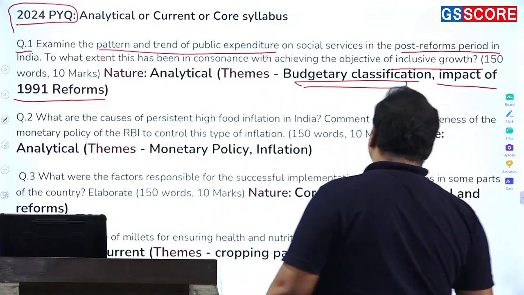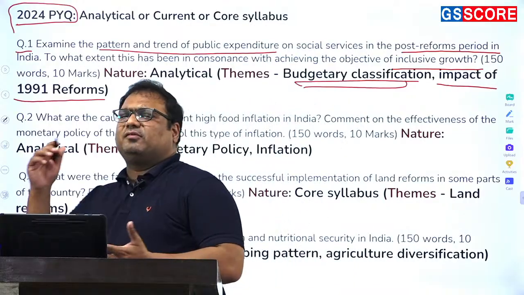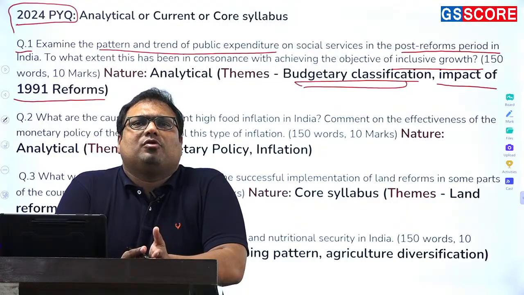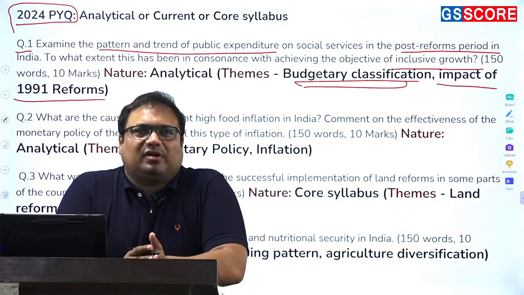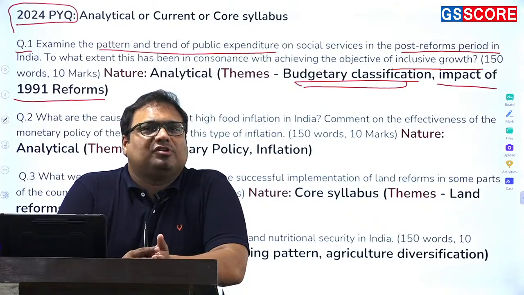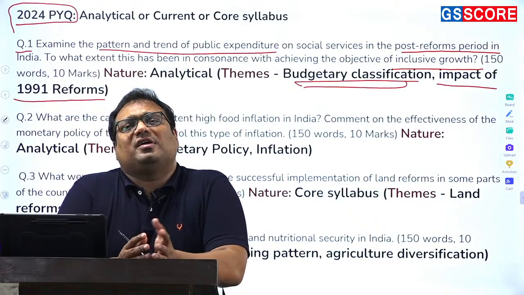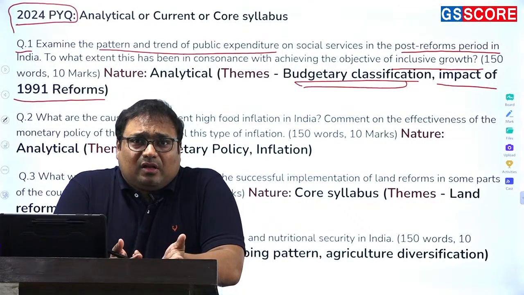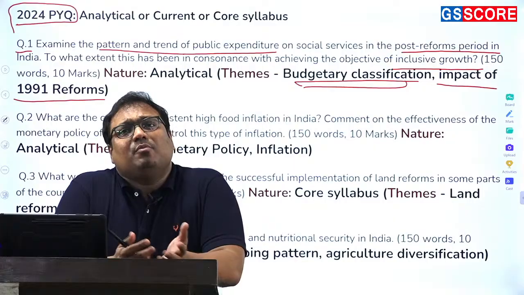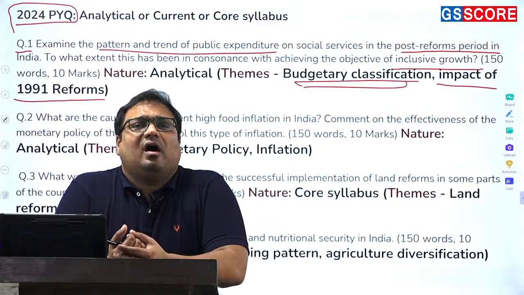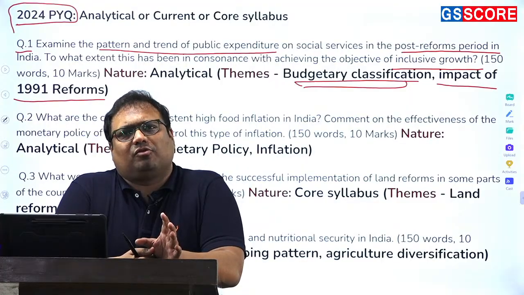So when you are going to do budgetary classification, you have to do classification of both revenue as well as expenditure. When you do revenue classification, you have to understand what are the sources from which the government gets money, how over time these sources have changed. For example, what is the impact of GST on it? For example, what is the impact of the 2016 demonetization on it? So there have been various events in between, and how they have impacted the revenue generation of the government.